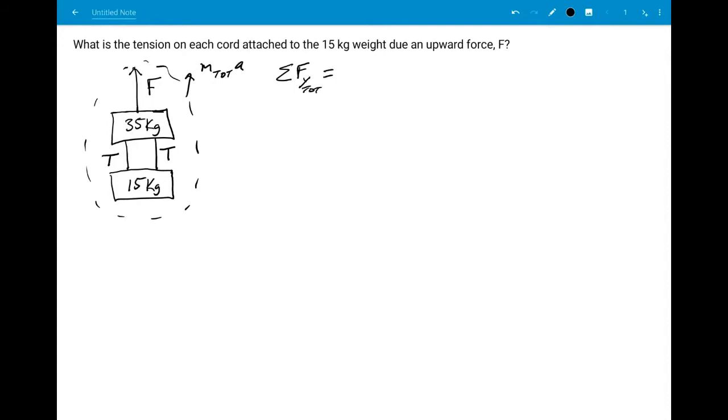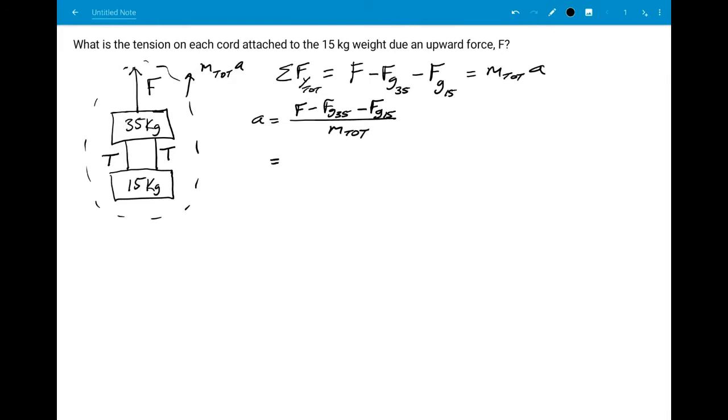That is the force F positive minus F_G35, that's for the 35 kilogram mass, minus the force of gravity for the 15 kilogram, and that equals the mass total times A. Well, let's solve for A. A is going to equal force minus F_G35 minus F_G15 over the total mass.